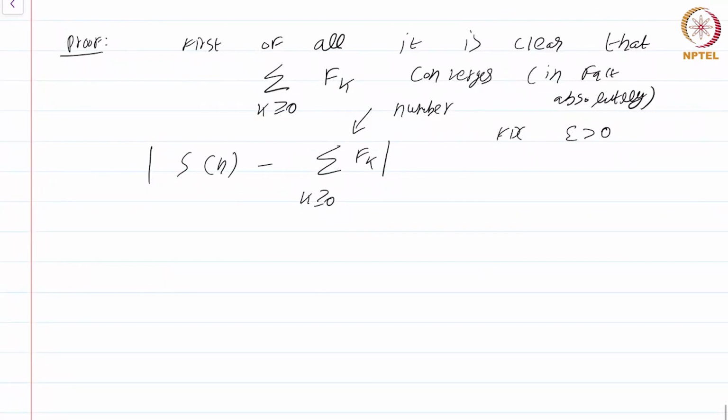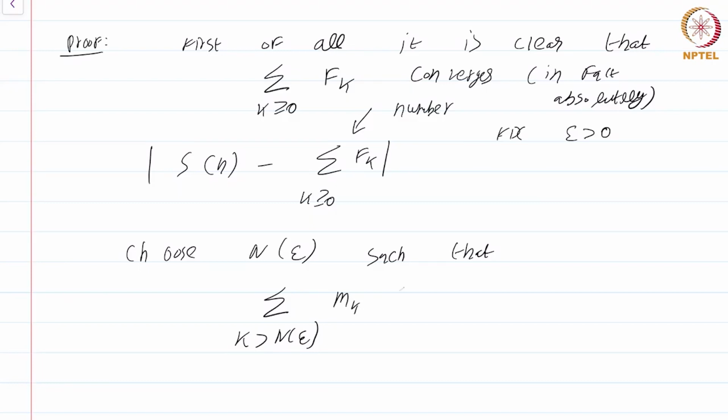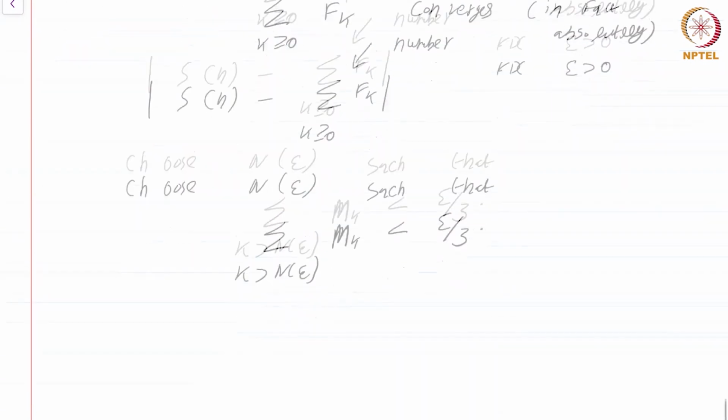To do this, first choose n of epsilon such that the summation over k greater than n of epsilon of M_k is less than epsilon by 3. This can certainly be done because the summation of M_k converges, so you can make the tail as small as you want.